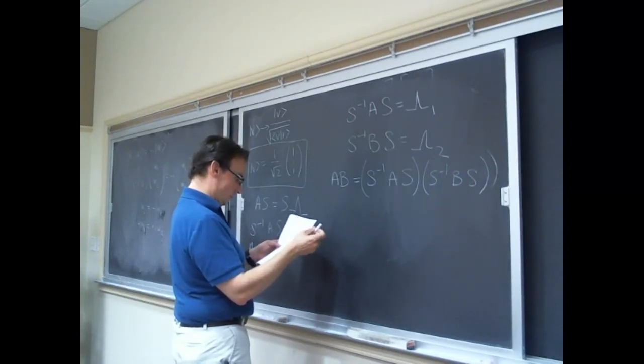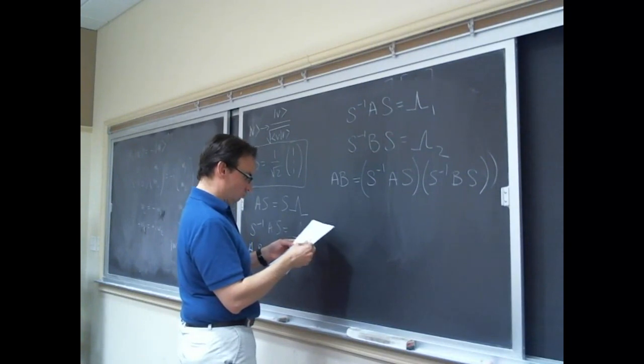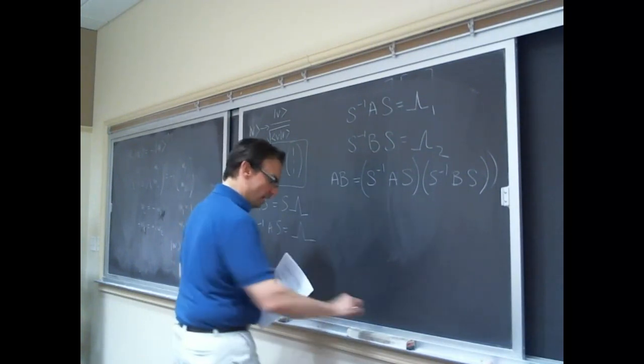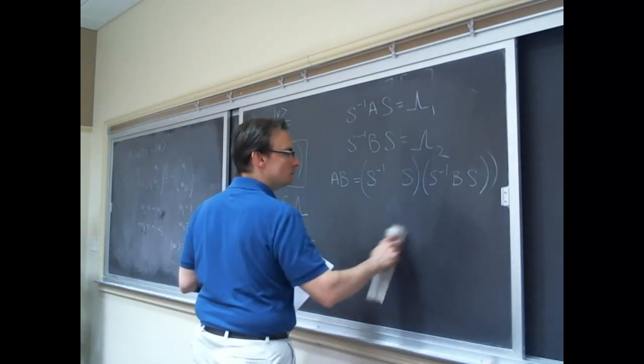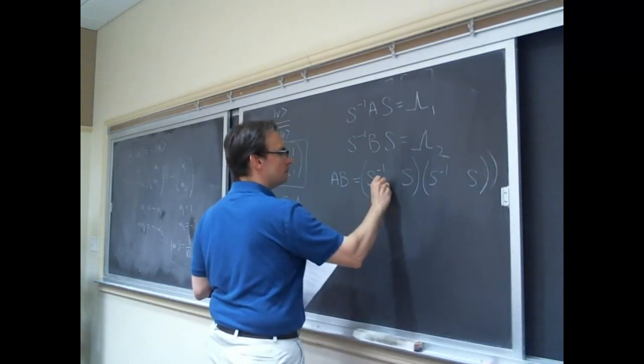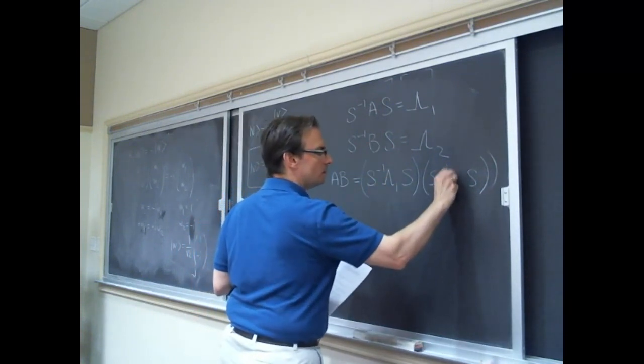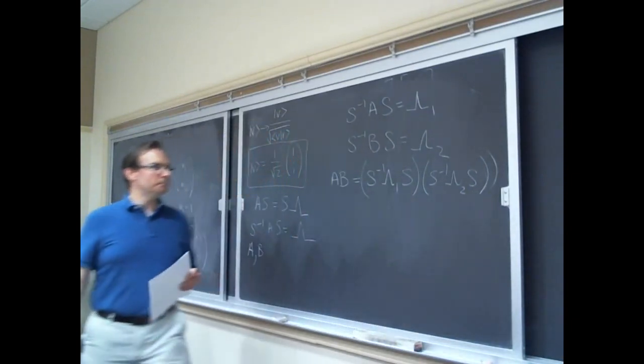What am I doing wrong here? The lambdas should be in the middle. Oh, yeah, lambdas. Sorry about that. Yep, thank you. Knew something didn't feel right. There it is. Okay, there we go.